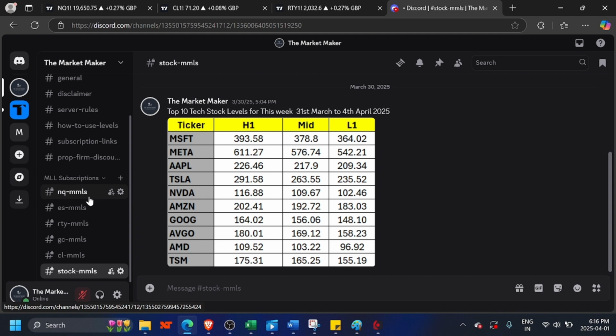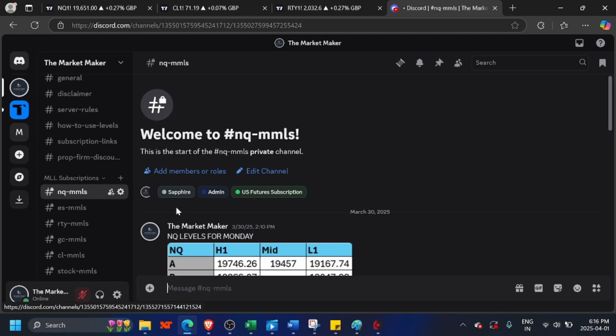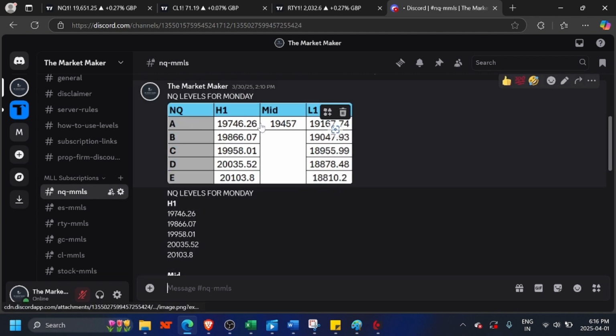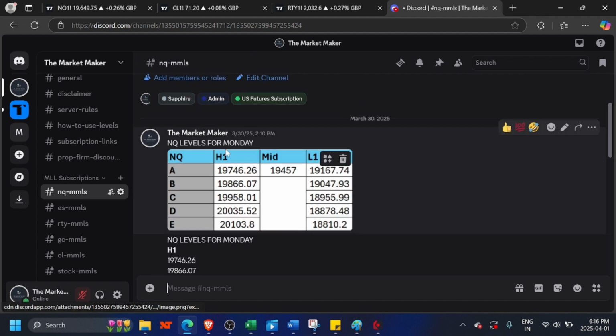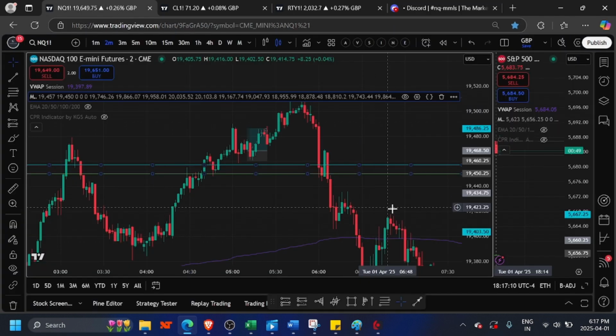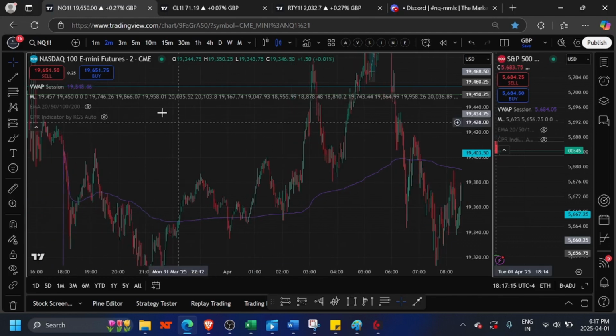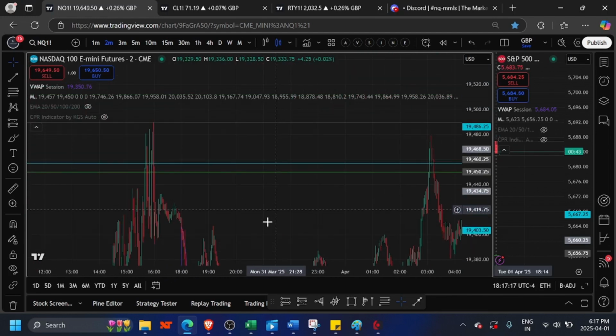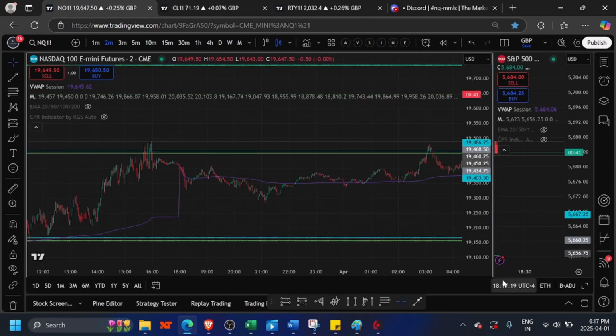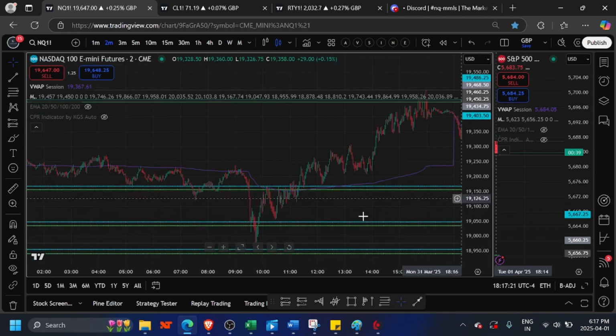But yes, the futures levels would be provided every day. So these were the levels. You can see 30th March is Sunday, so at 2:10 p.m. I provided these levels. The 19167 level on NQ was provided at 2:10 p.m. on Sunday, and you can see how many times on NQ that 19161 level was respected.